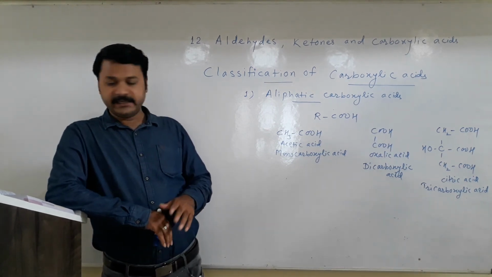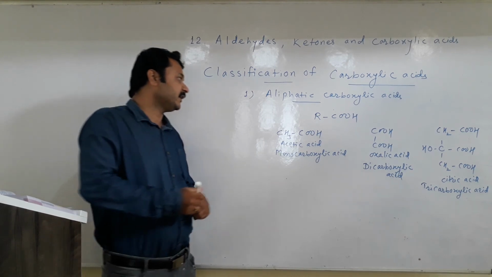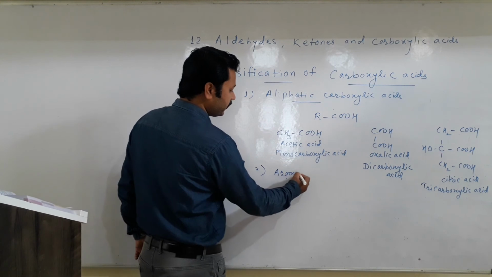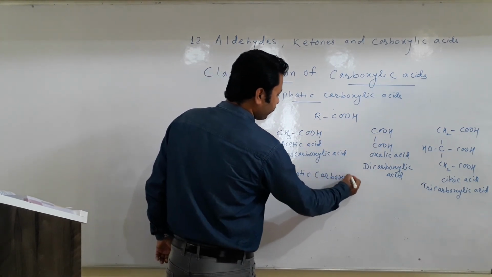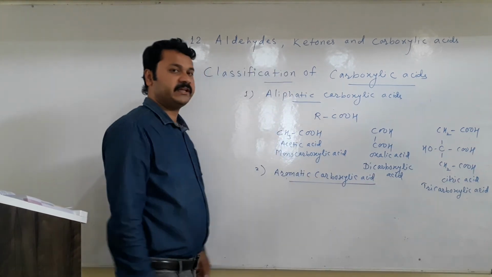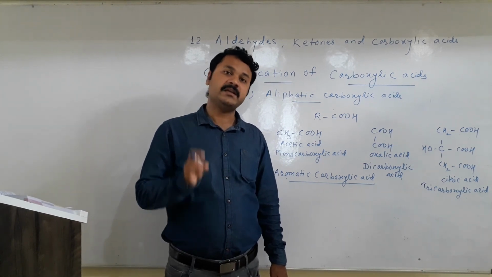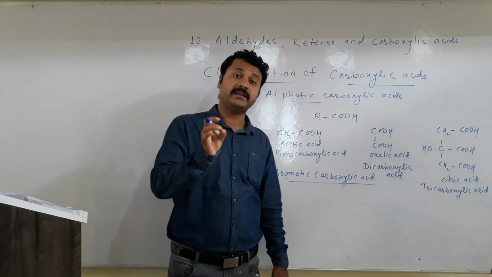Then next type is aromatic carboxylic acid. Second main type of carboxylic acid is aromatic carboxylic acid. In aromatic carboxylic acid, carboxylic group is directly attached to the aryl group, or it is directly attached to an aromatic ring.